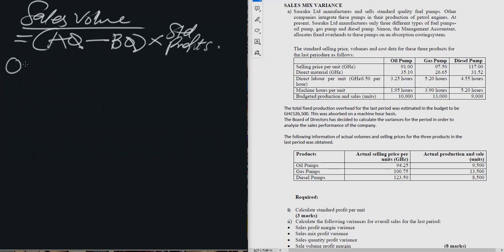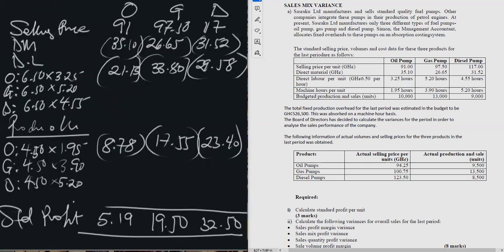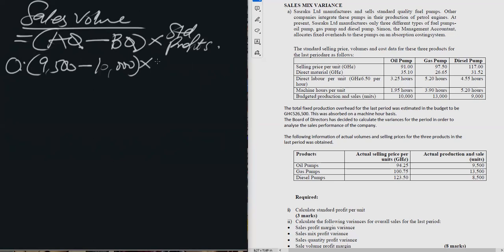And we have already calculated the standard profit for each of our items. So if I take oil pump, I know that my actual quantity, we can see it from down there where we have actual information, is 9,500 minus our budgeted quantity, 10,000 units, times the standard profit, which we calculated earlier on as 5.19 pesos.